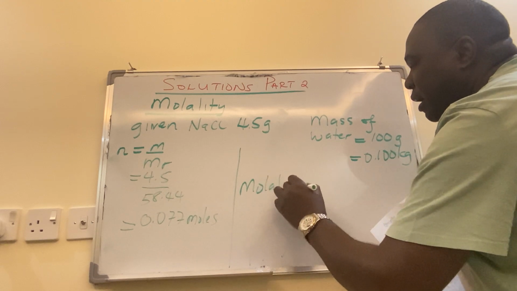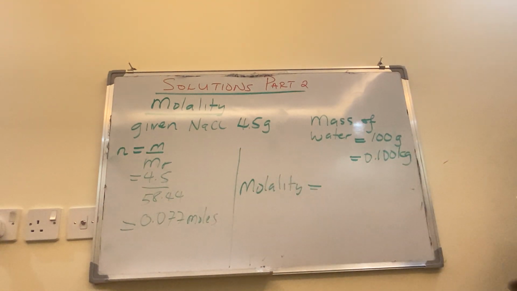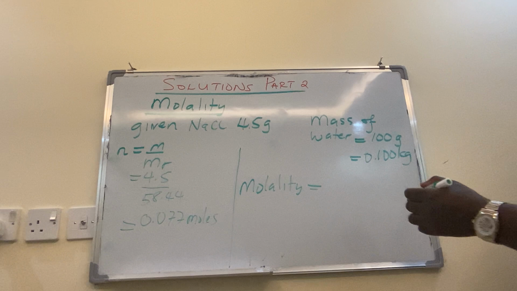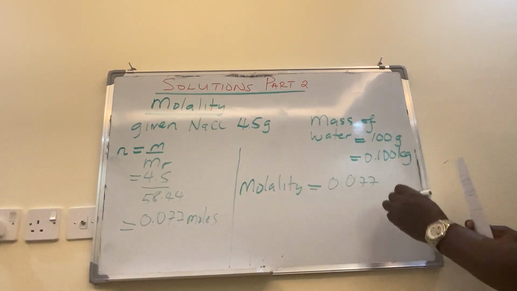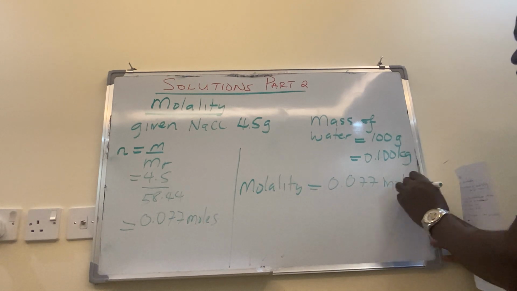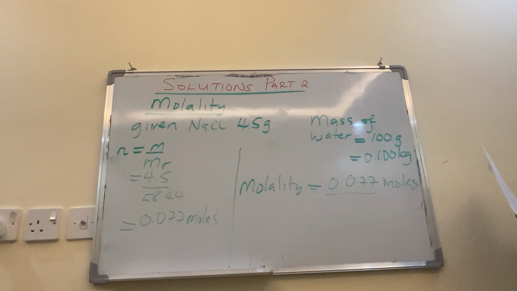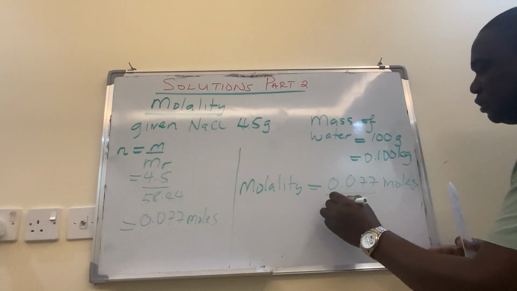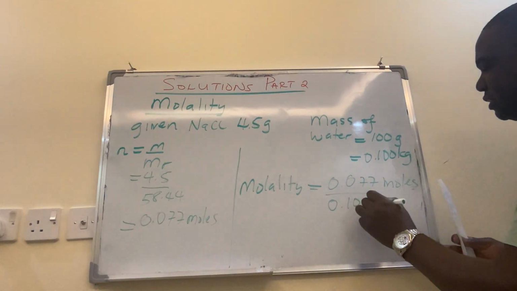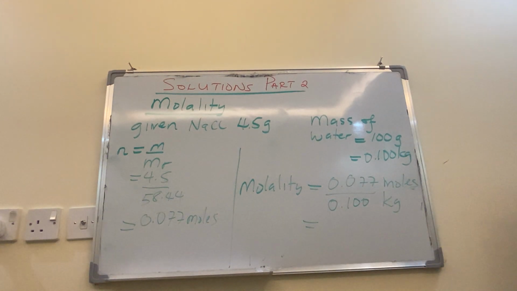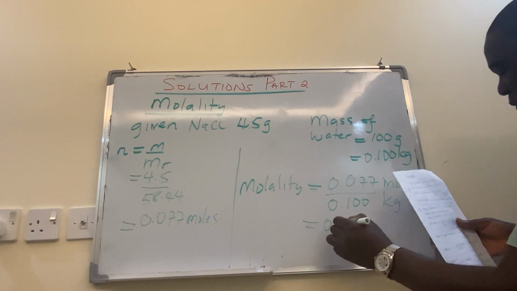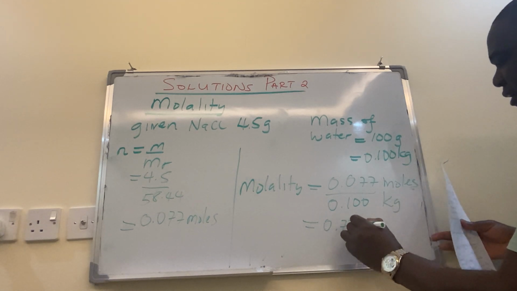And we are now going to express our molality. Okay, for molality, we are supposed to have our number of moles at the top, 0.077 moles, but down here we have already converted our mass of water to kilograms, so it's going to be 0.100 kilograms, and if we divide, we are going to get 0.77.